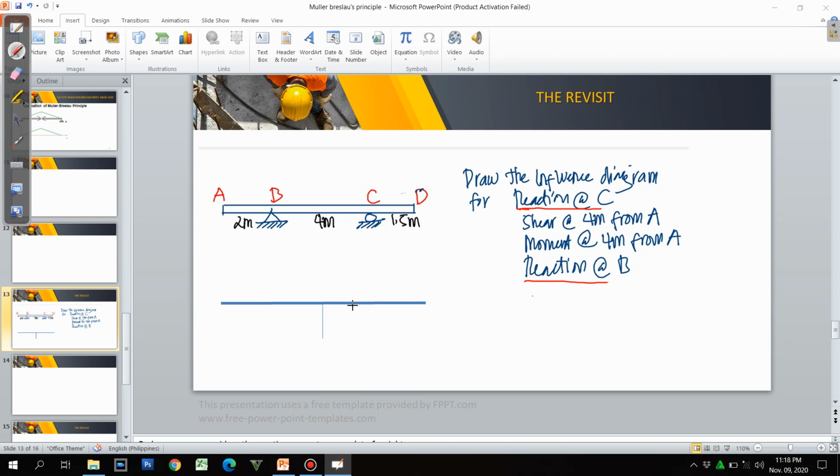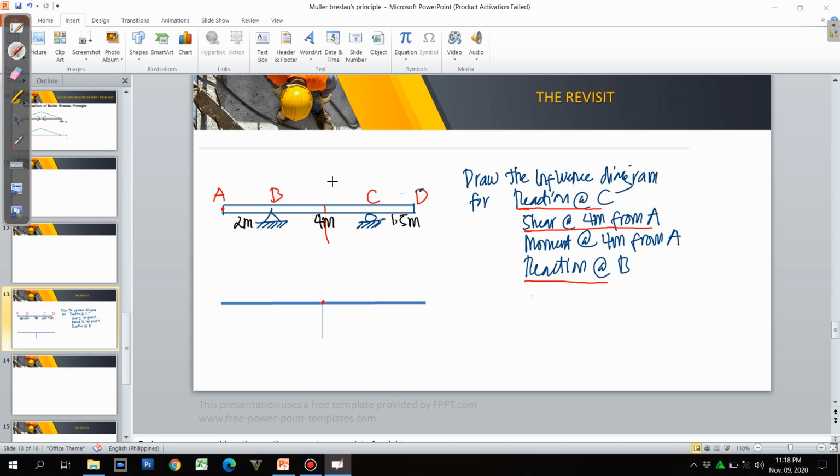So next is the shear 4 meters from A. First, we locate where it is. From A, we measure 4 meters, so it will bisect your 4 meters there. So as a rule, we are going to cut this one.